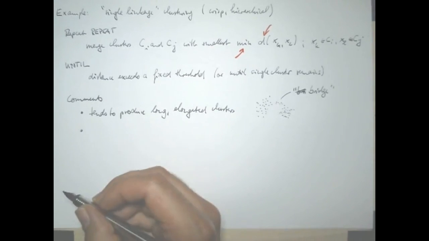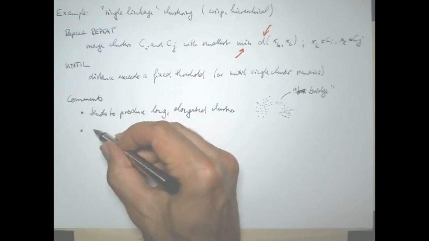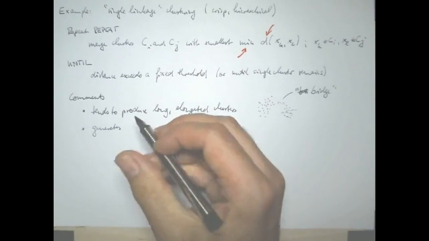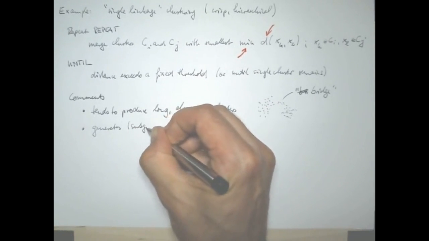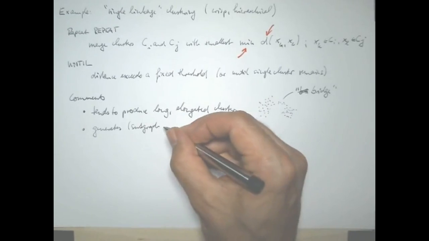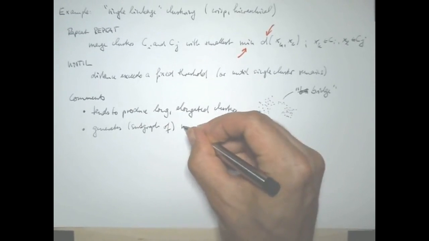And by the way, this generates a subgraph, if we stop early here with a fixed threshold, the minimum spanning tree.